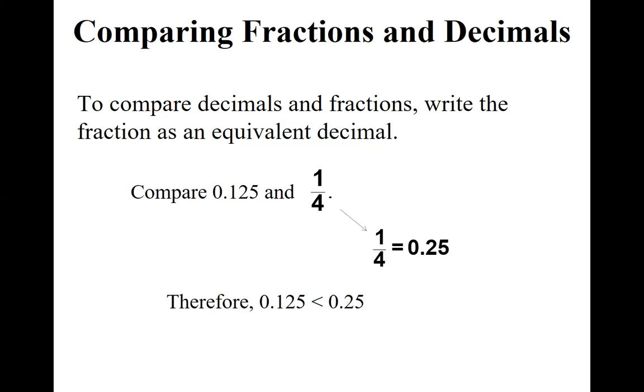So if we wanted to compare 0.125 and 1/4, we would divide 1/4 or multiply top and bottom by 25, giving us 25 100ths. Either way, we get 0.25. And just compare 0.125 with 0.25. We see that that's less than.